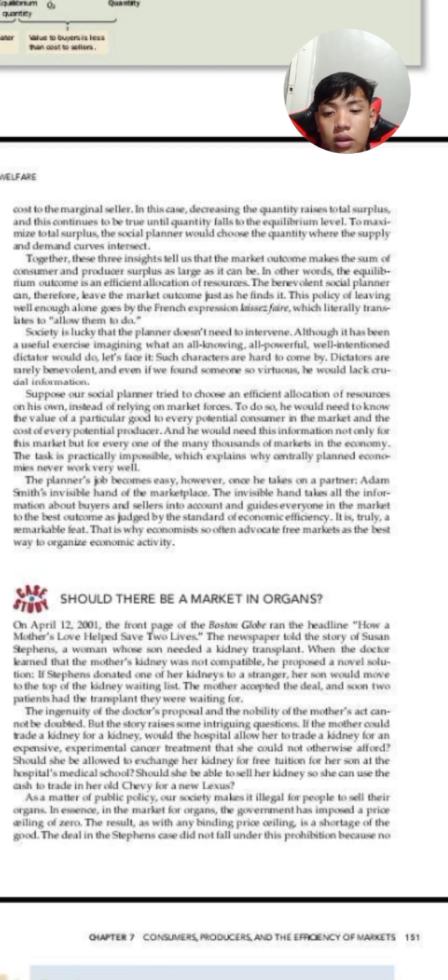Stephens donated one of her kidneys to a stranger, and her son would move to the top of the kidney waiting list. The mother accepted the deal, and soon two patients had the transplants they were waiting for.